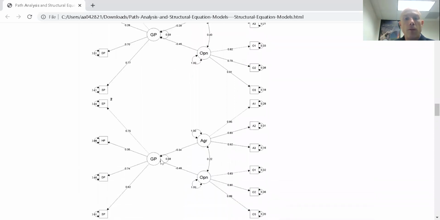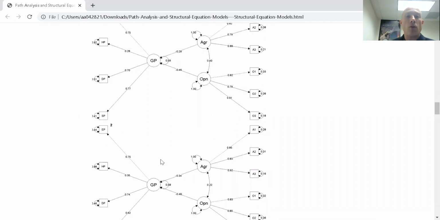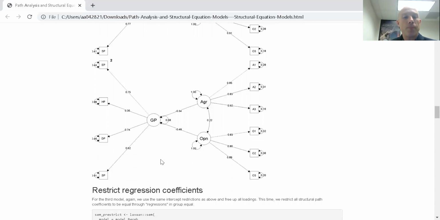And so we can see how things have changed throughout, if we want to start digging in bit by bit. Okay.